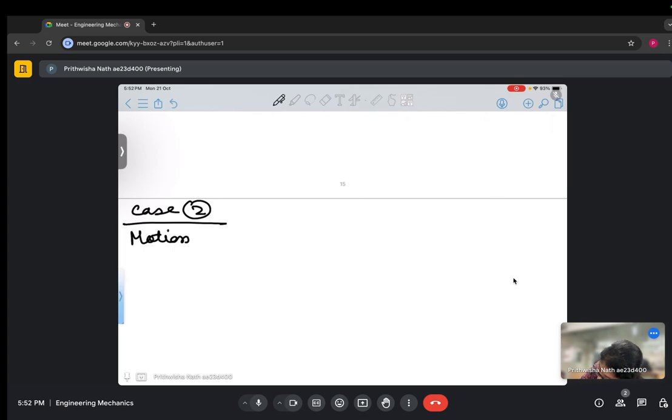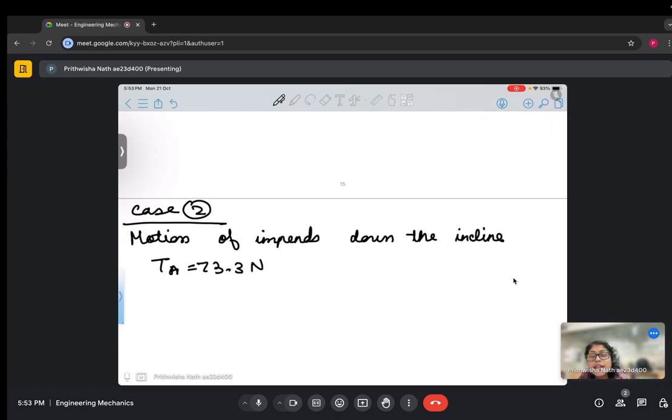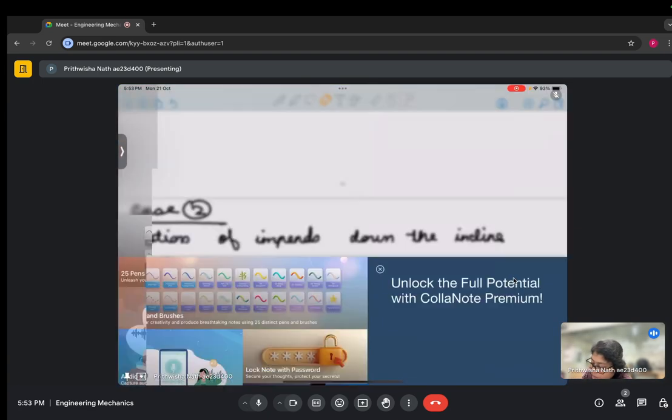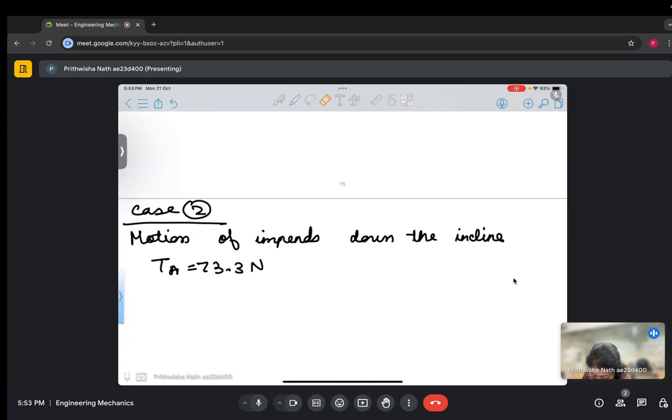Motion of m impends down the incline. TA remains the same, that is 73.3 Newton, but in this case TA is smaller as compared to the other rope, the tension in the other rope.